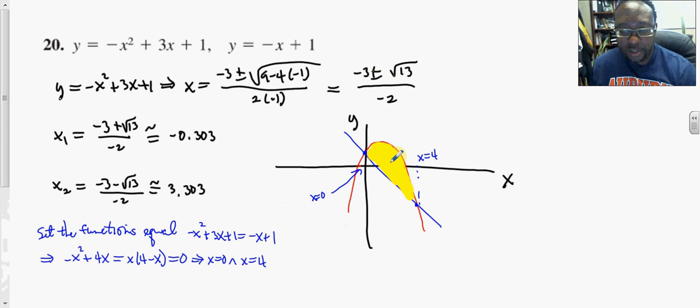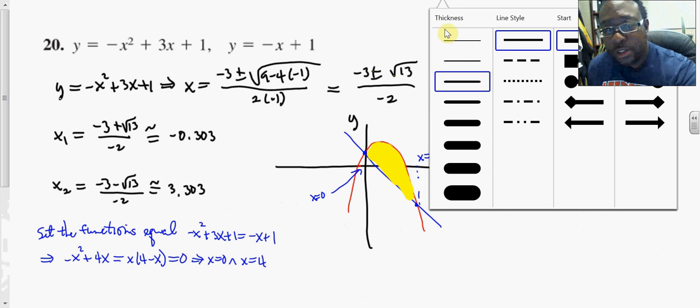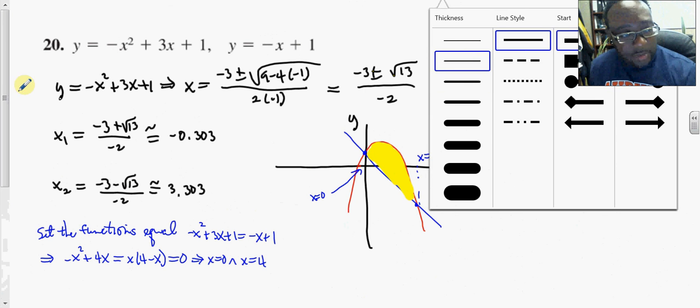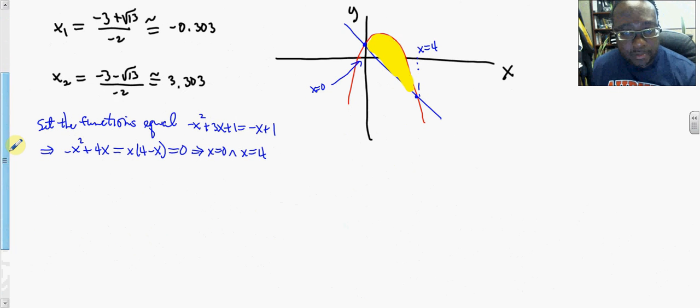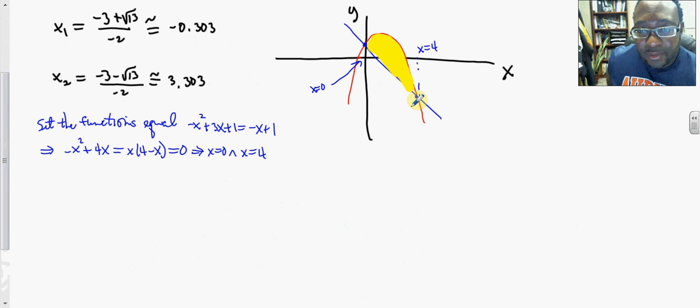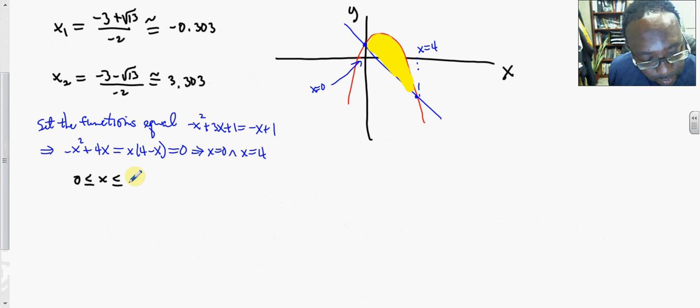Drawing's not so good, but it's okay. So we get the top function, that's the upside down parabola. And then the function down below is that line. And then we know where we're integrating from. We're going from 0 to 4, right?